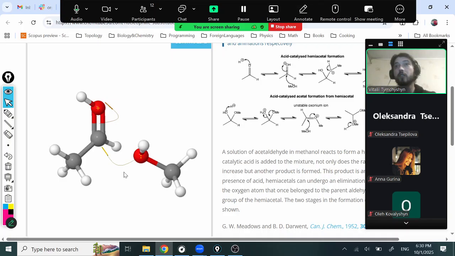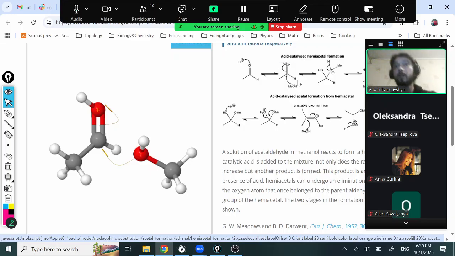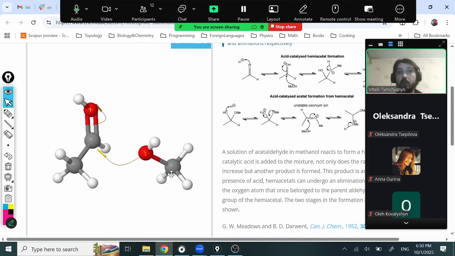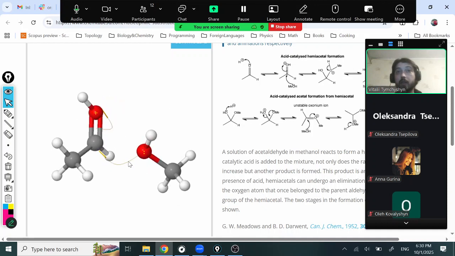So now it's a really good target for a nucleophilic attack. And here we have methanol, I guess. We have an oxygen atom with a non-bonding electron pair, and it's trying to attack this atom. So let's look at what happens.